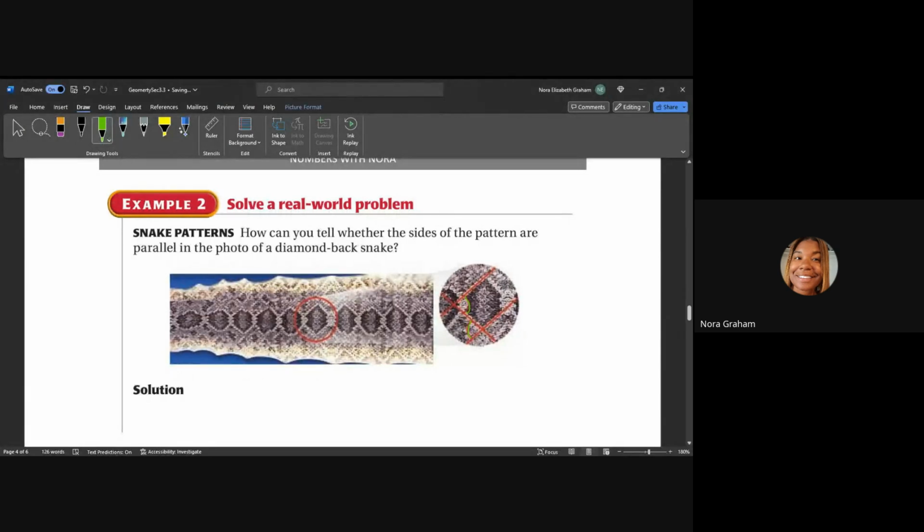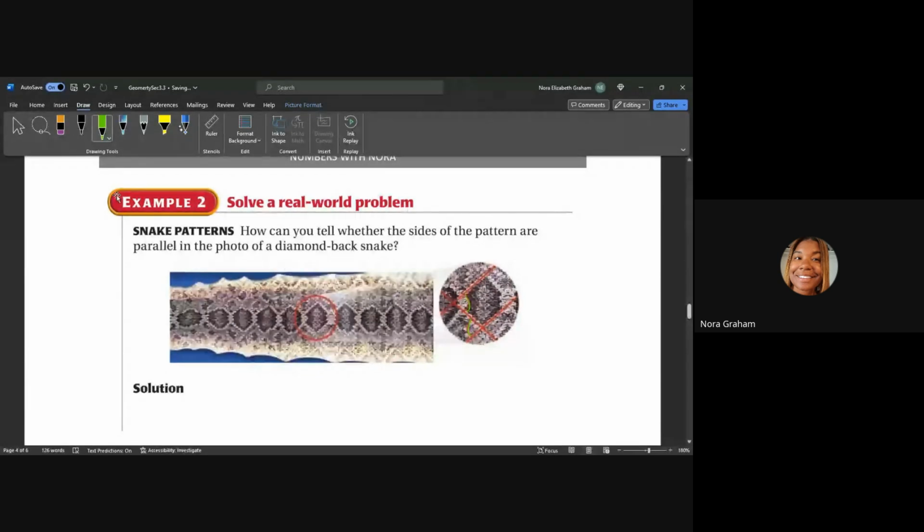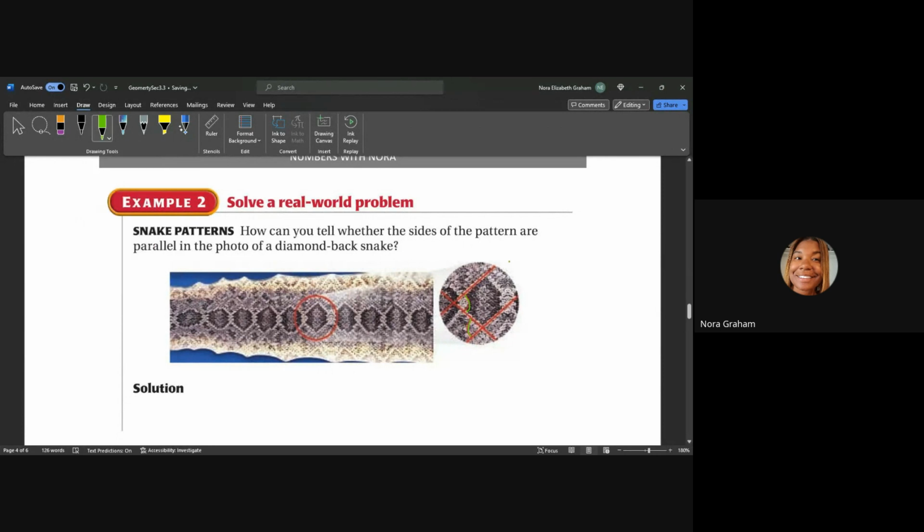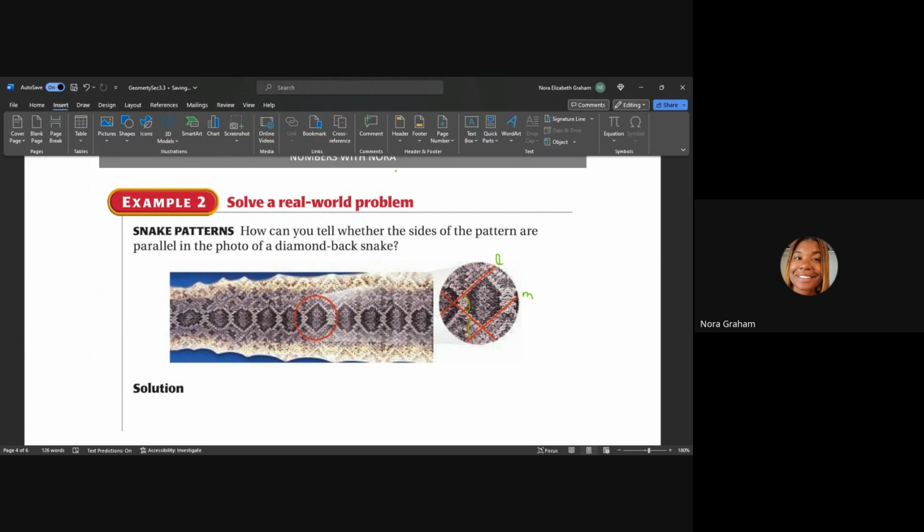Since they already marked that for us, we kind of already know from one of our theorems. We'll name this line L and this one M, so there's no confusion. We can say the solution.